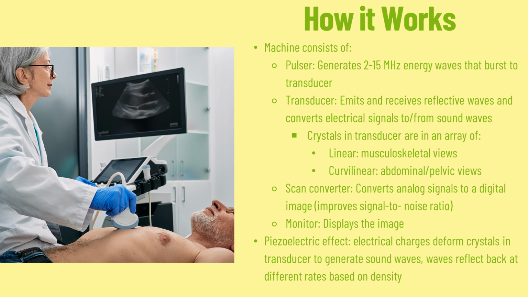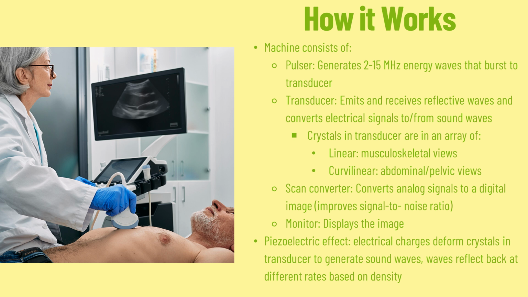Now, when we're looking at the ultrasound, the transducer is either going to have those crystals lined up in a linear fashion, which is more for musculoskeletal imaging, or a curvilinear fashion, which is going to be more for abdomen imaging. So through the actual ultrasound, it is called the piezoelectric effect.